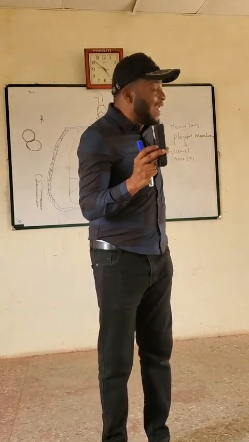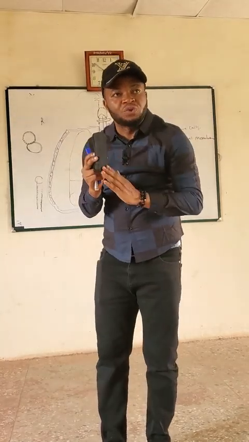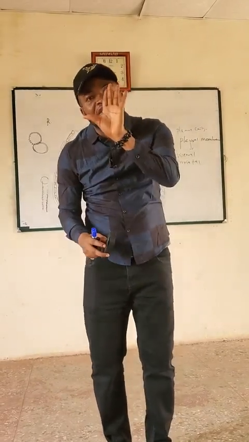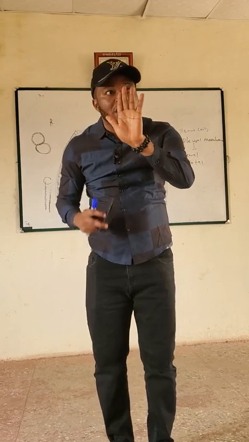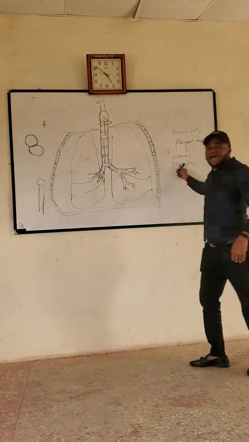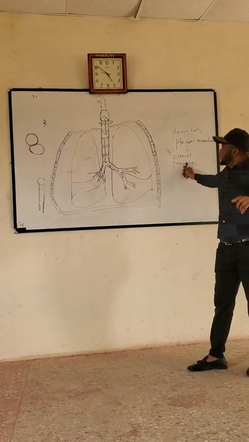On the left, the two lobes; on the right, the three lobes, tightly covering them. While on the surface of the thoracic wall, the membrane covering it is what we refer to as the parietal membrane.